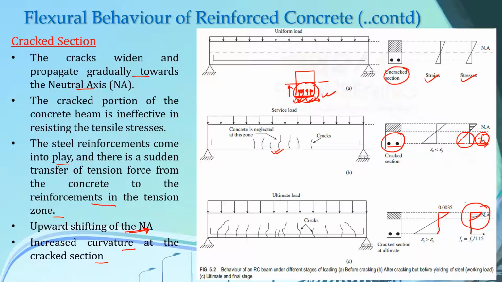We will discuss the shape of this stress block and how this shape follows the stress-strain diagram of concrete that we discussed in our previous lecture. We will see all of this in our next class or next section. So this is about the cracked section: what happens when the cracks start to appear and they start moving gradually towards the neutral axis.